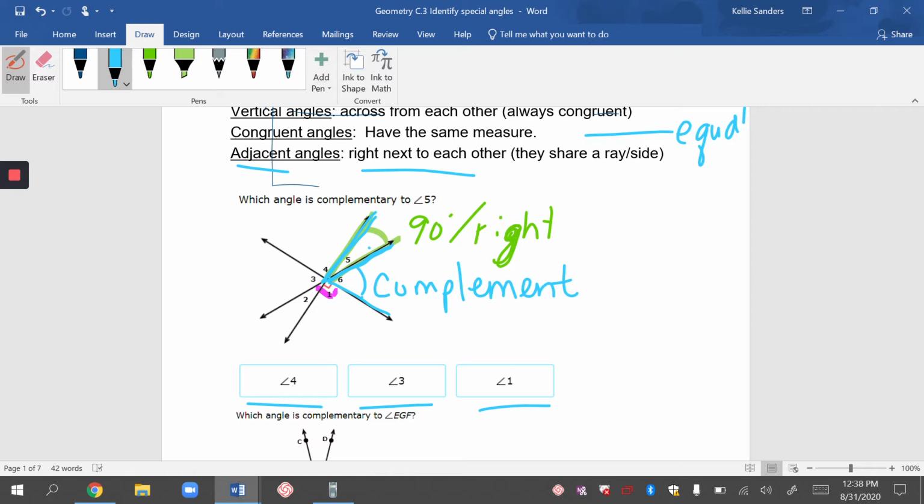So what other angle in this area is the same size as angle 6? Well, angle 3 is the same size as angle 6 because they are vertical angles, and we'll talk about vertical angles better in just a little bit. So angle 3 is your answer.